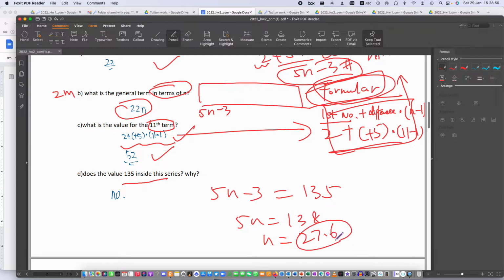Can your n be a decimal number? No. So n is not a whole number, therefore 135 is not possible. It's not in the series. Are you clear?